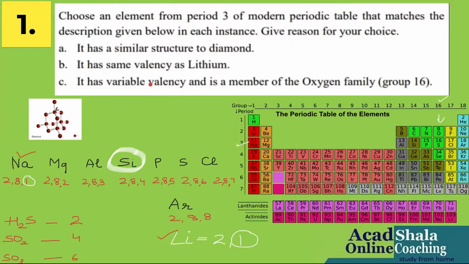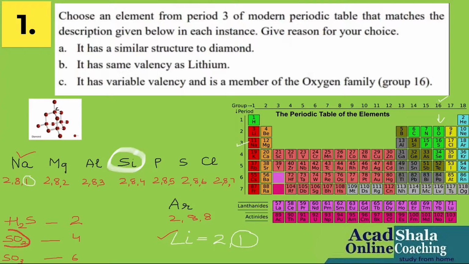So, they say that it has a variable valency and is a member of the oxygen family. Now, we know that from the oxygen family, it is only and only the element sulfur which has a variable valency. How? When it is H2S, the valency of sulfur is 2.